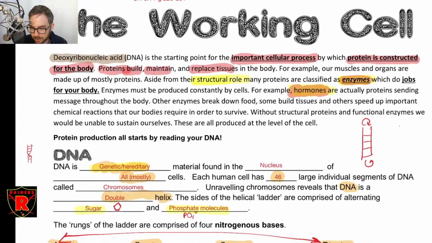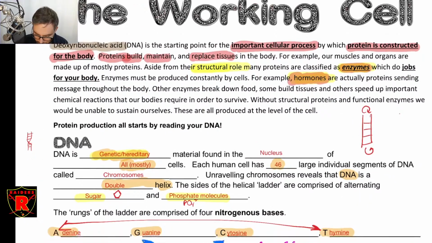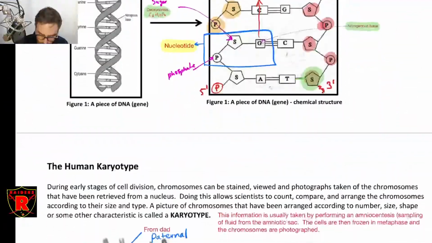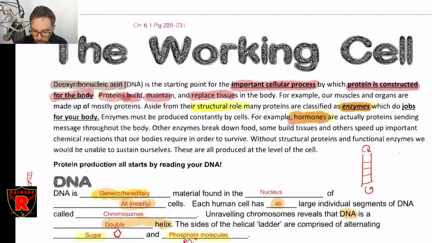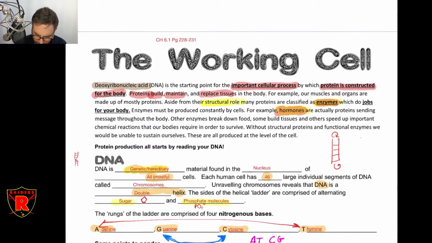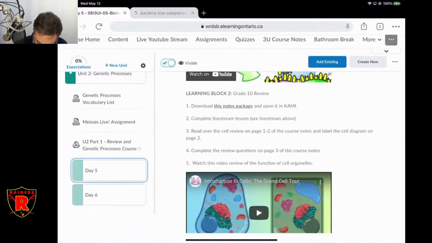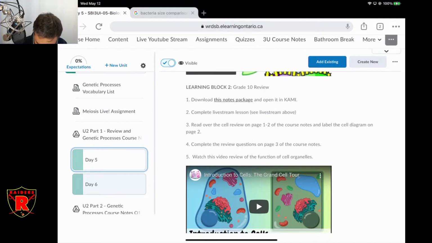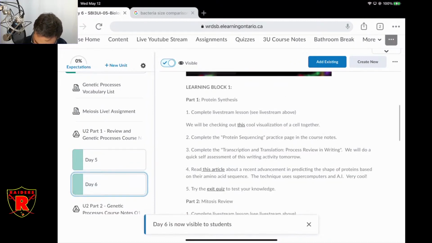I'm going to very briefly now, this should take me maybe 5 to 7 minutes, talk a little bit about DNA, just the basic structure. And then tomorrow, we're going to get into... actually, you know what? Hold on. I want to leave you time to work on this stuff too, so I don't want to hit you over the head. Where do we start on day 6?